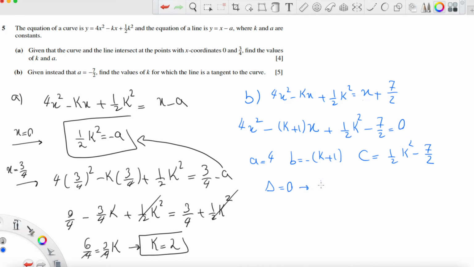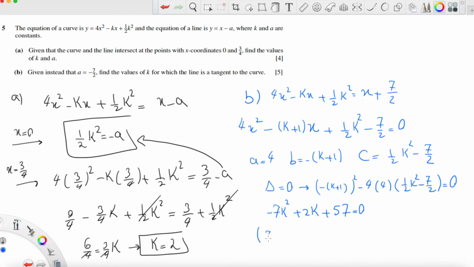Now, minus (k plus 1) whole squared minus 4 times a times 1 over 2 k squared minus 7 over 2 must be 0, which simplifies to this equation, minus 7k squared plus 2k plus 57 is equal to 0.